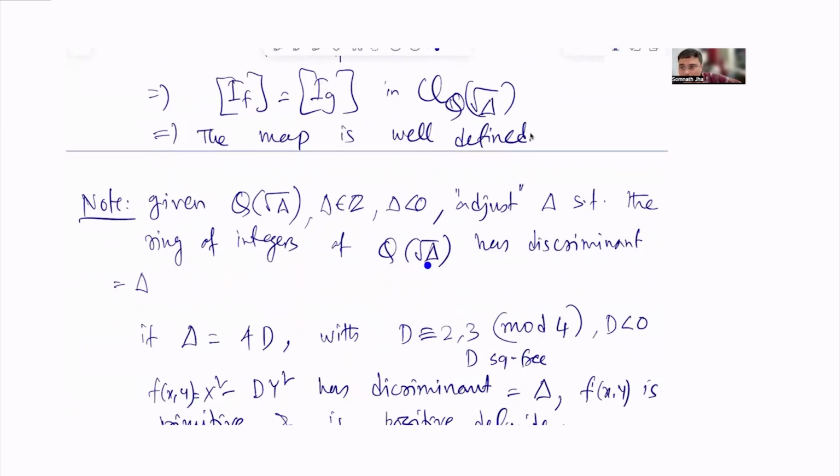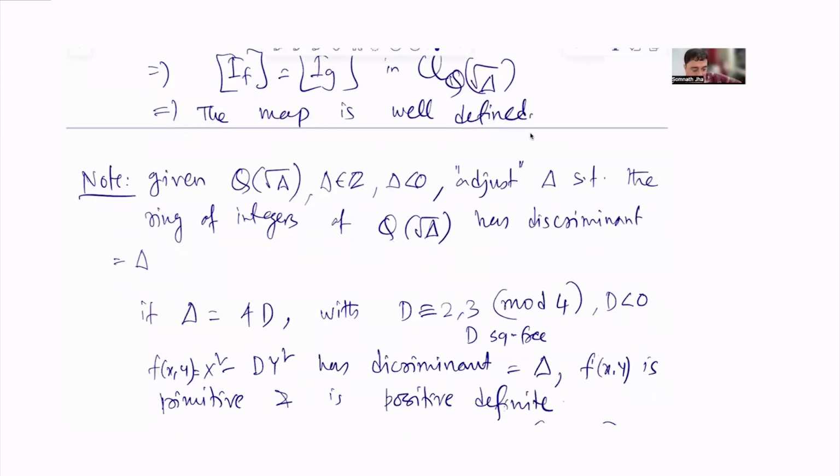You can either make it square free and equal to 1 mod 4, or you can make it 4 times d, where d is 2 or 3 mod 4 and d is square free. In the first case, if delta is 4d, d is 2 or 3 mod 4 and delta is less than 0, if you start with such an imaginary quadratic field, then x square minus d y square has discriminant equal to delta, as a primitive and positive definite binary quadratic form.